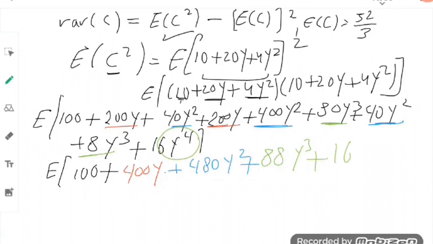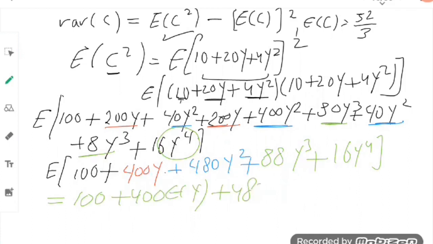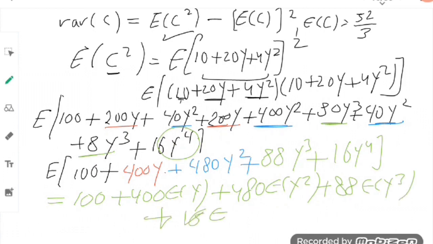And then we'll enter the expectation. Here we have 100 plus 400 expected value of y plus 480 expected value of y to the power 2 plus 88 expected value of y to the power 3, and at the end plus 16 expected value of y to the power 4. So we need to find the expected value of y to the power 4 and the expected value of y to the power 3 at first.